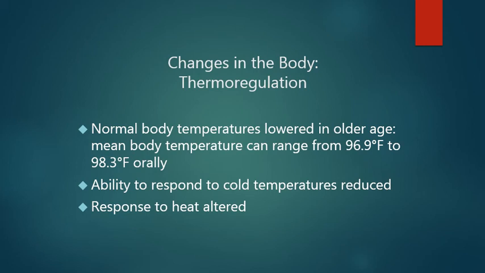Be alert, because if you don't have a good baseline, that 99.1 may be an indicator of an existing infection because their mean body temperature is lower. So if they present, make sure you're getting a good temp on them. We've already talked about their ability to respond to thermoregulations, so I won't go over that again.